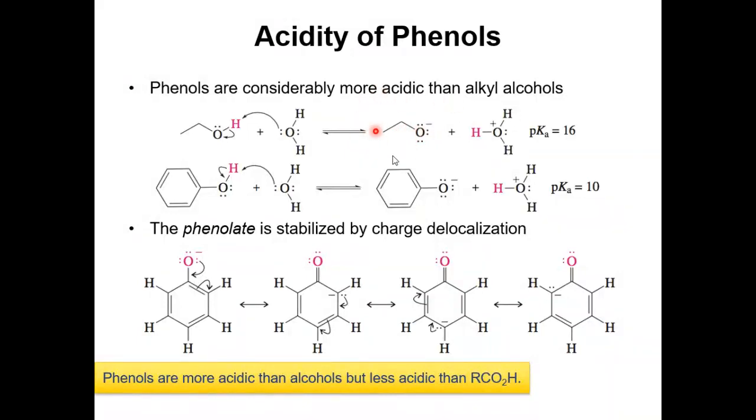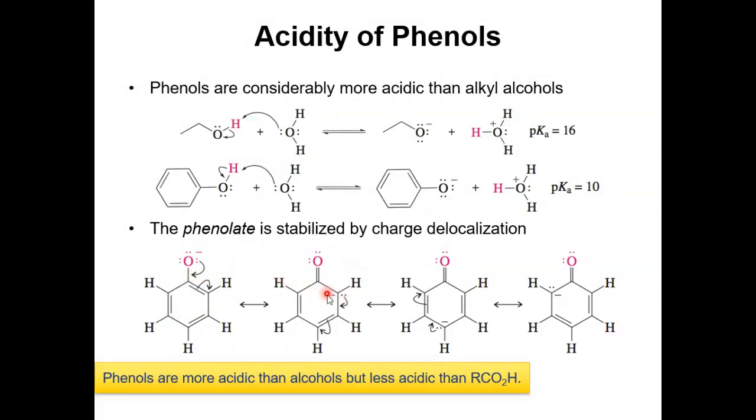So in the alkoxide, the conjugate base of alcohol, the negative charge is localized on the oxygen atom. But in the conjugate base of phenol, phenoxide, the negative charge is delocalized. How? Look at the resonance forms. This is the major resonance form of phenoxide, but the lone pair can be donated to the ring.